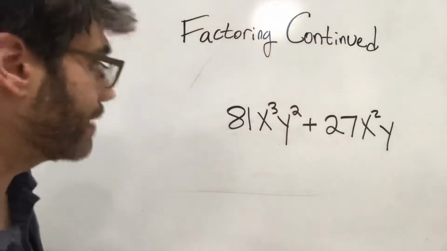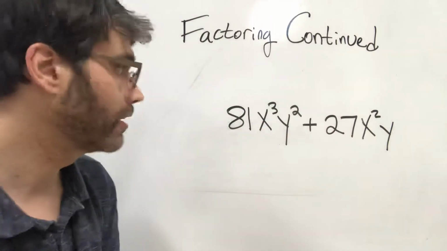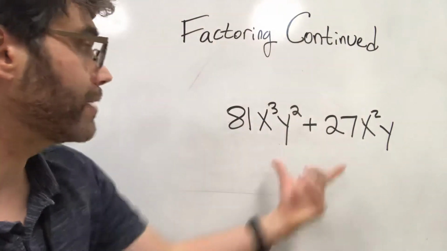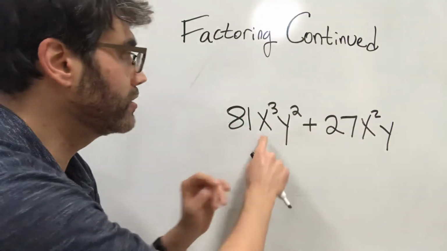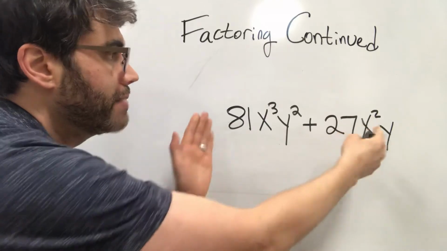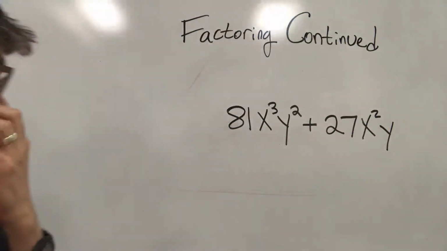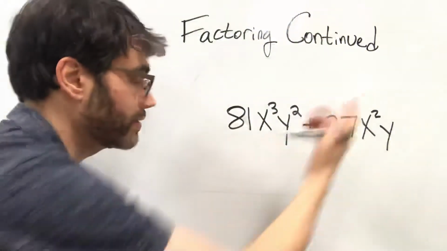Let's say that's what we have. So we have a coefficient and then 2 types of variables. By the way, we cannot combine these two because the x cubed and the x squared make them different terms. You can't add them together. And the y squared is different than the y.